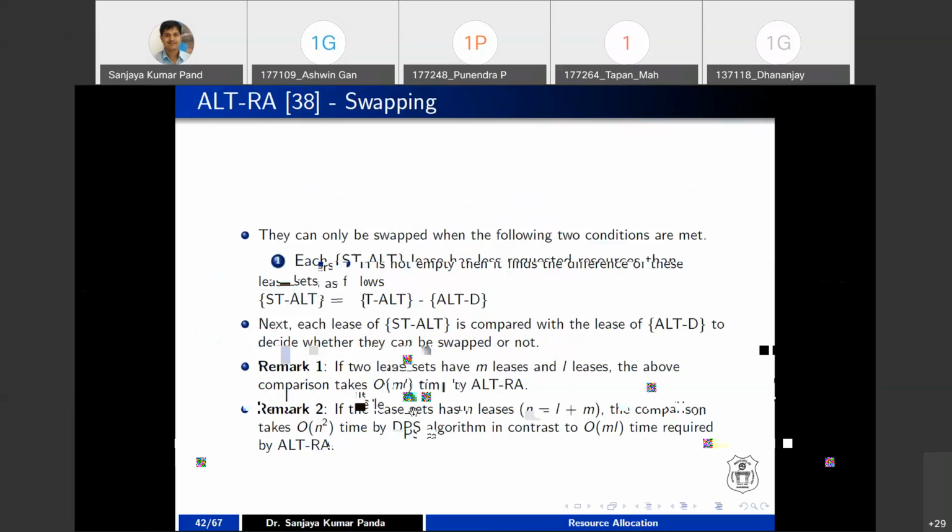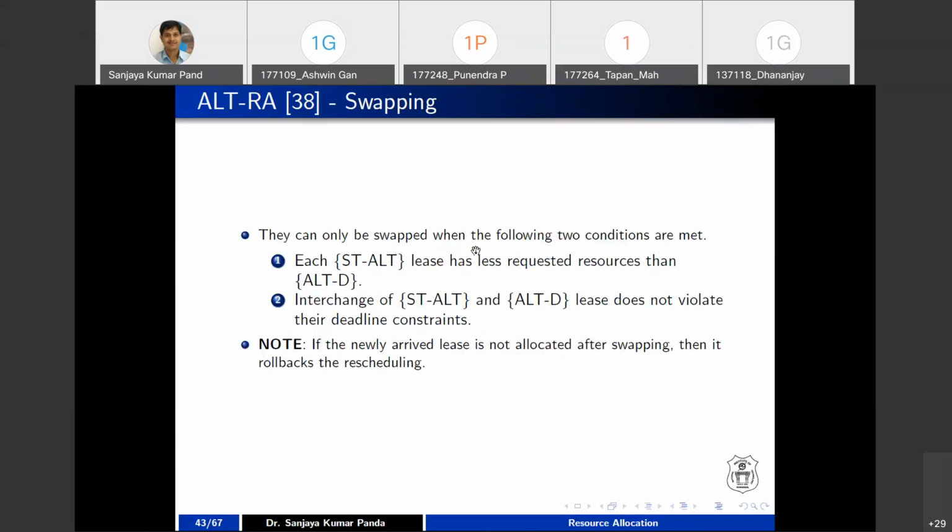What is the condition for swapping? We can perform the swap if the following two conditions hold. First condition is that the leases present in the STLT set have fewer resources than those in ALTD. If they have fewer resources, then only it is allowed, because if you take more resources, it may happen that the lease in STLT may not meet the deadline.